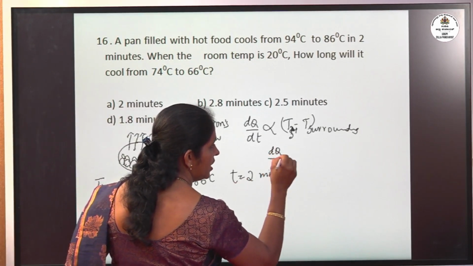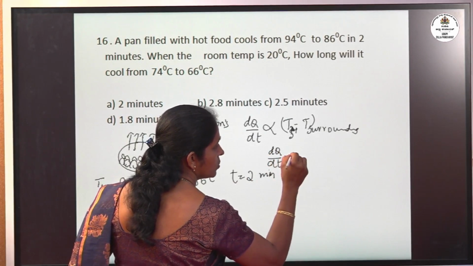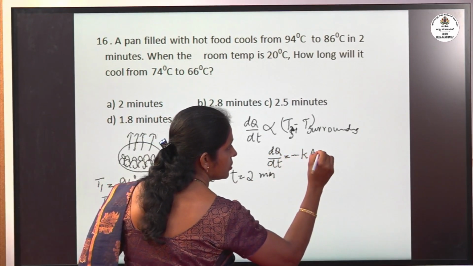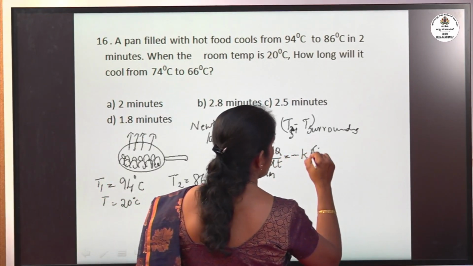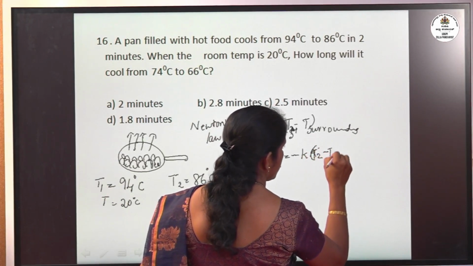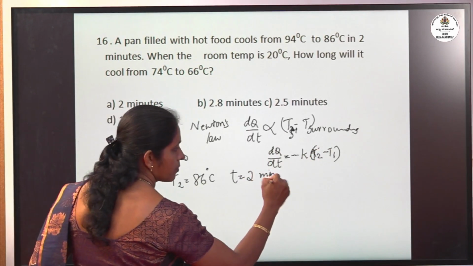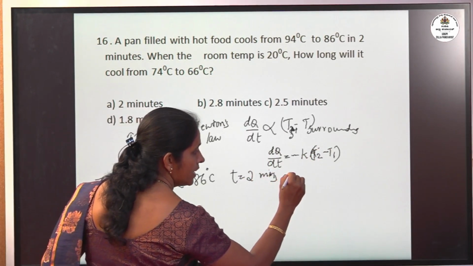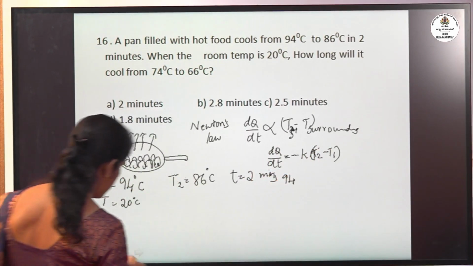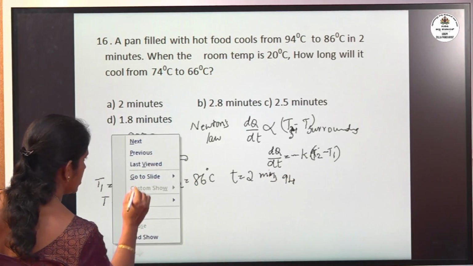dQ by dt is equal to minus K into T2 minus T1. Calculating the rate of cooling: final temperature of the system minus initial temperature, divided by time taken.